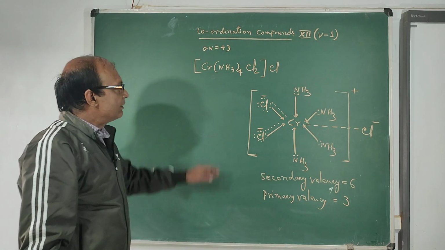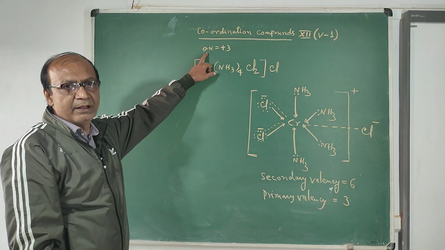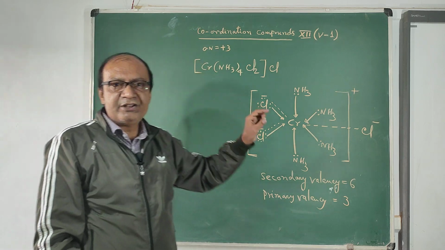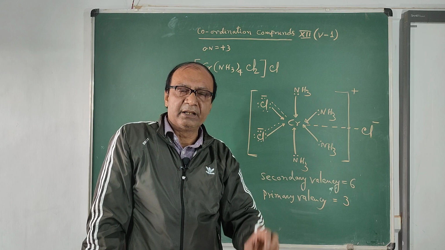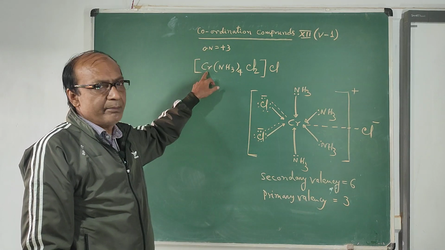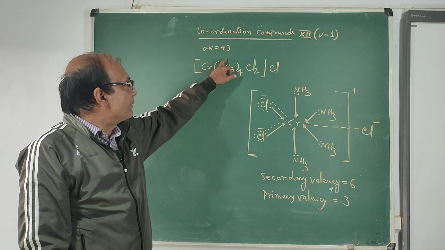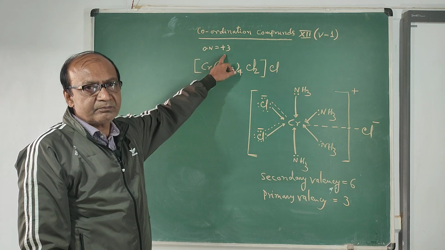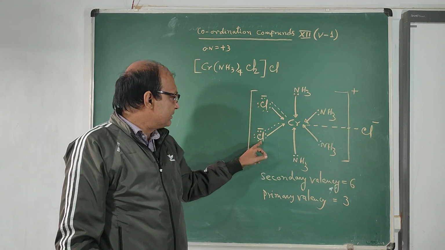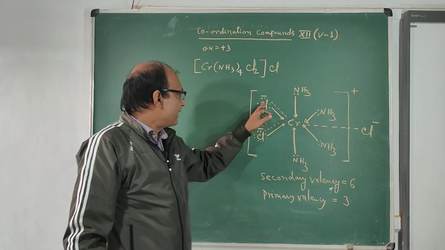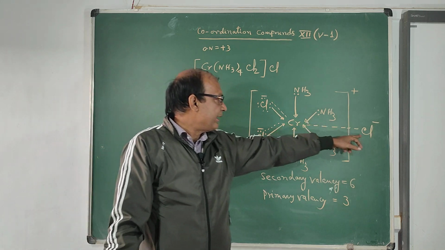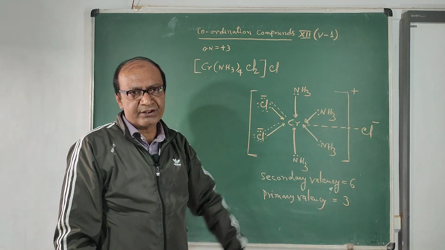The metal which is present within the coordination sphere is known as the central metal. The oxidation number of the central metal is plus 3. This valency is satisfied by 3 chloride ions. Out of the 3 chloride ions, 2 chloride ions are inside the coordination sphere and 1 chloride ion is outside the coordination sphere.